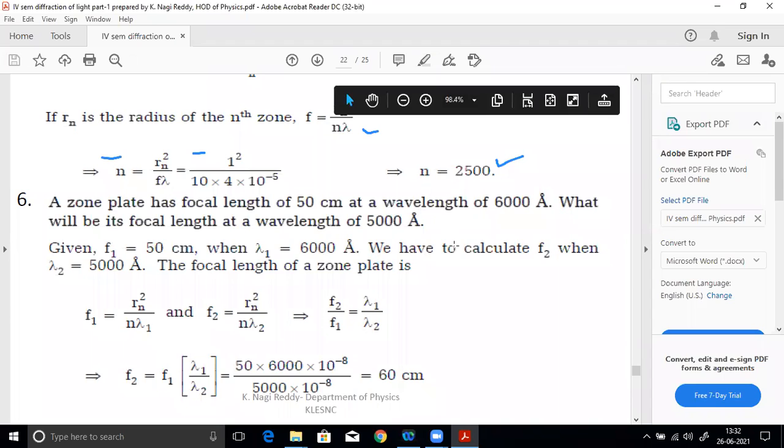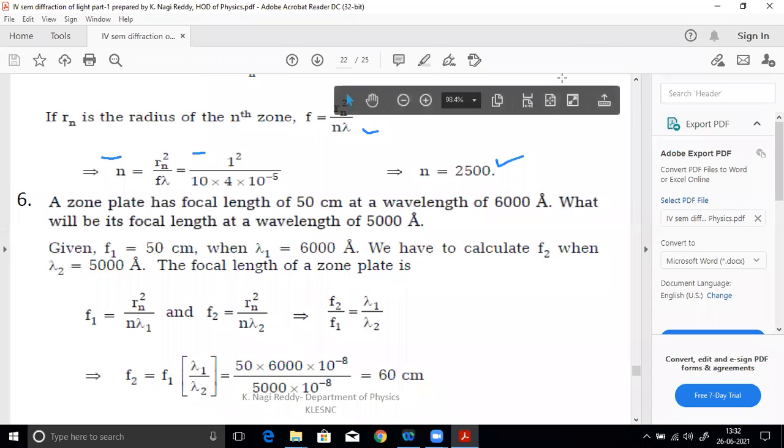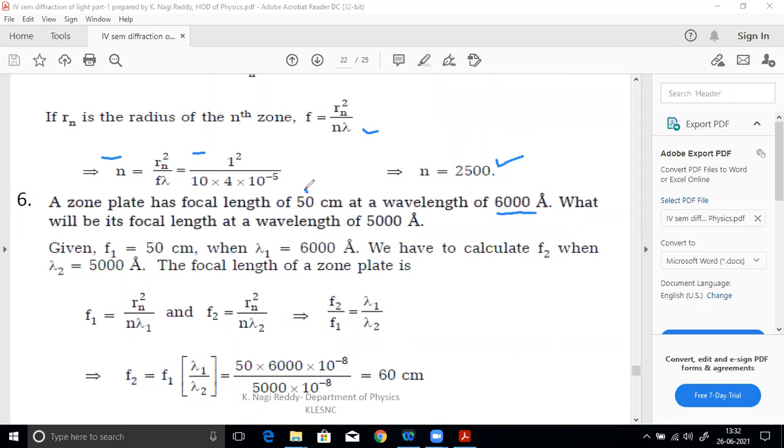A zone plate has a focal length 50 centimeter at a wavelength 6000 angstroms. What will be its focal length at 5000 angstroms? When you consider 6000 angstroms, the focal length is 50.